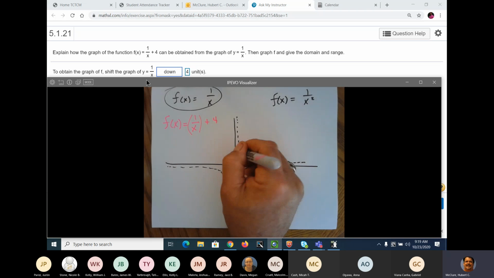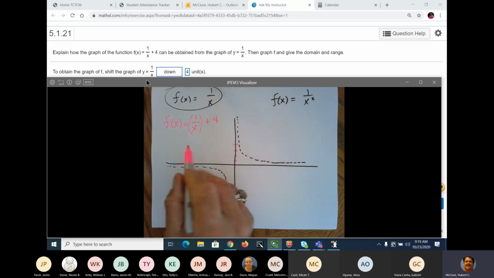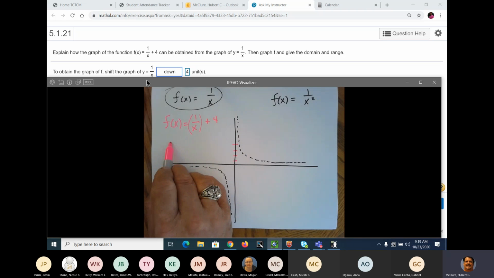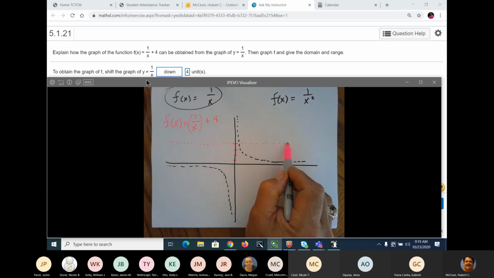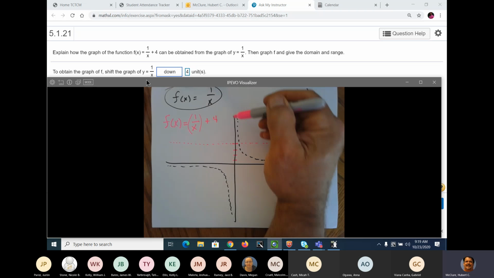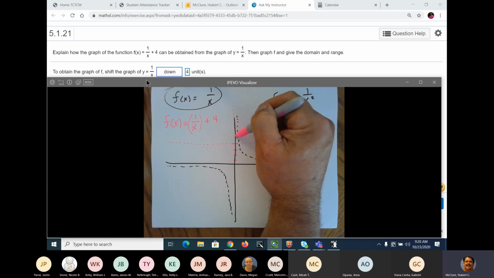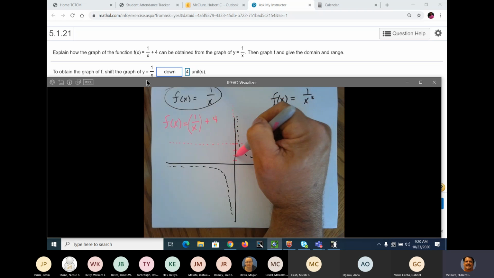1, 2, 3, 4. And now your new horizontal asymptote is right there, and your other one didn't change.